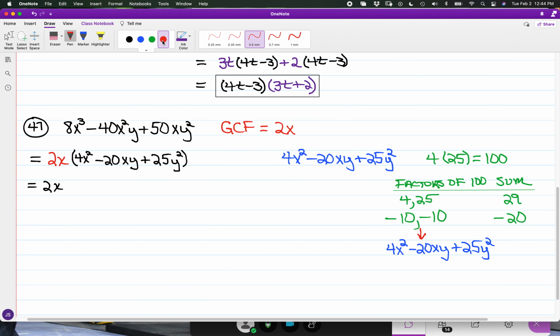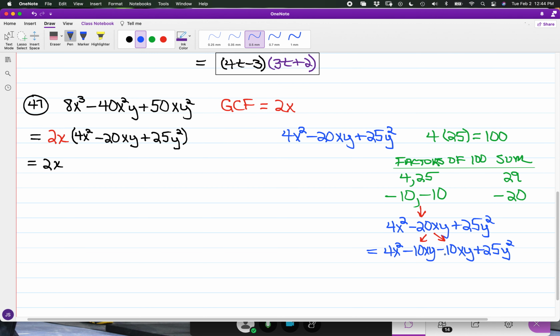Again, we're going to split up the negative 20xy, so we have 4x squared, and then we have negative 10xy, and we have another negative 10xy, and we have plus 25y squared.